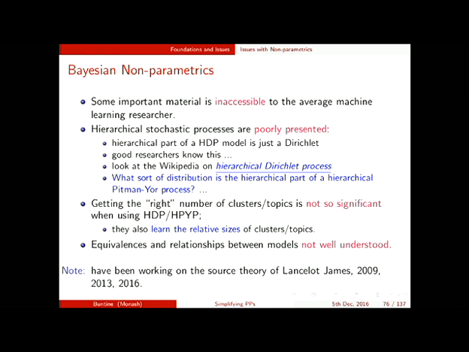We're now ready to dive into some more meat of the theory, looking at these processes in a bit more detail. I've benefited, so Lancelot James has done, I think, all the key results here. 20 years earlier it was Jim Pitman, and now it's Lancelot James doing a lot of these. I was very fortunate.